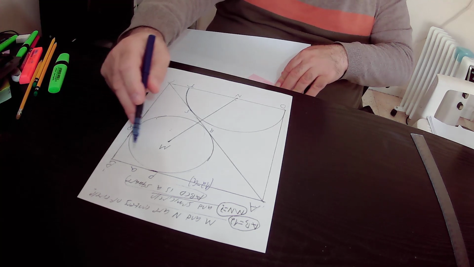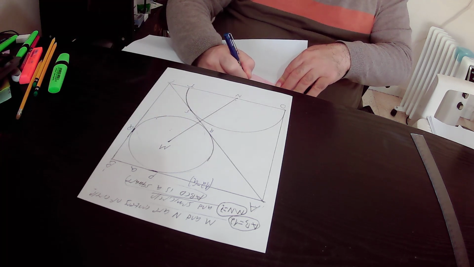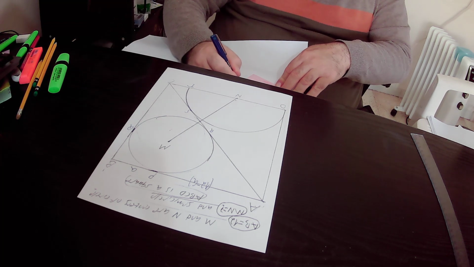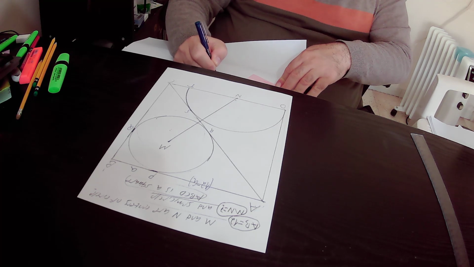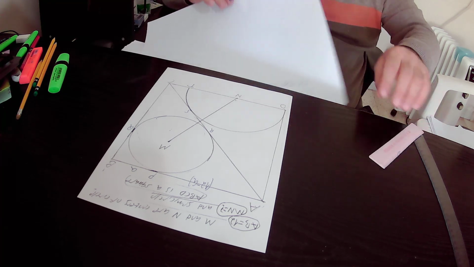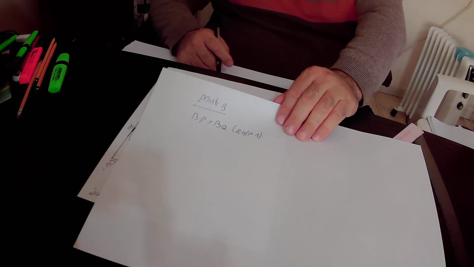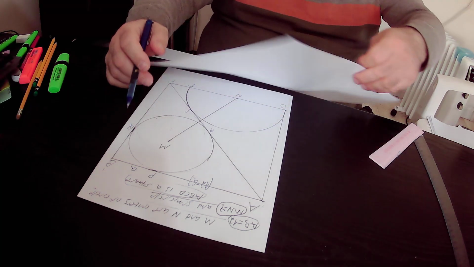The first tangent is tangent BP, and the second tangent is tangent BQ. And according to rule number 1, they are equal to each other. That is to say, BP is equal to BQ. But according to our definition, BP is equal to A.